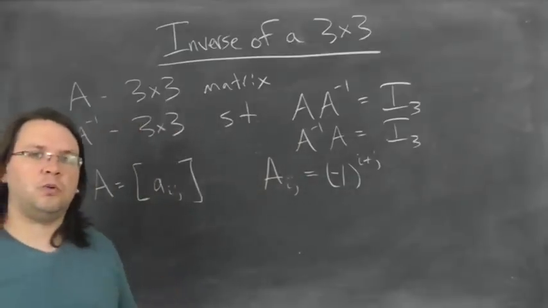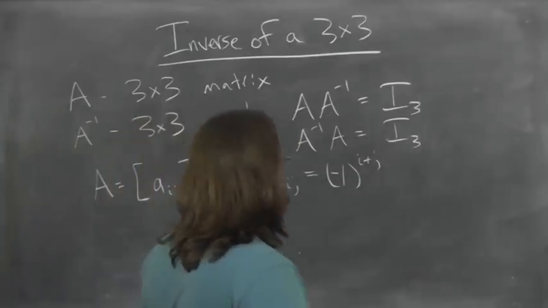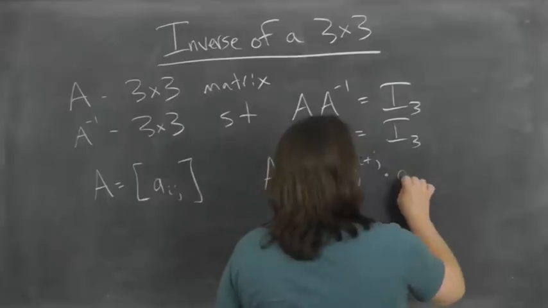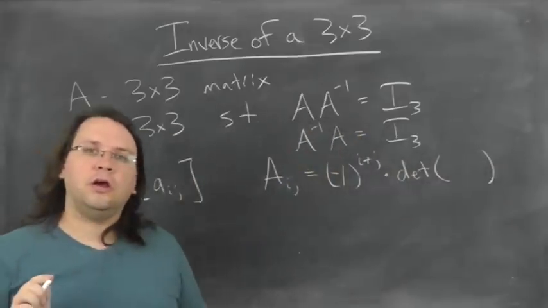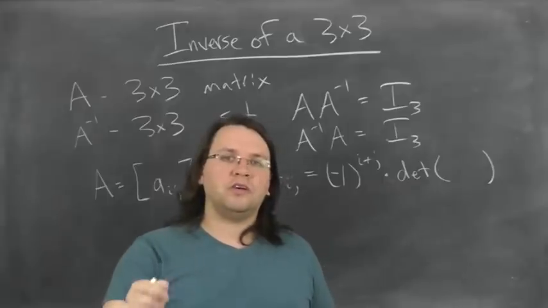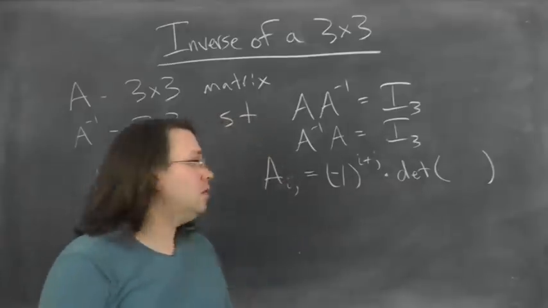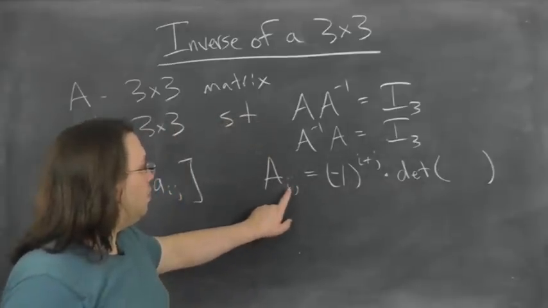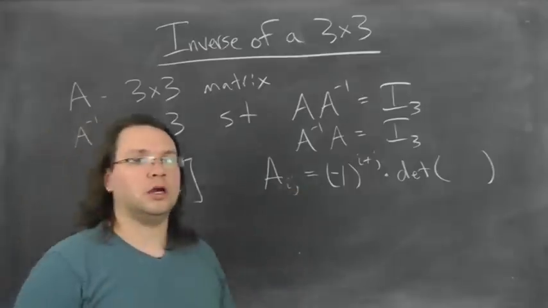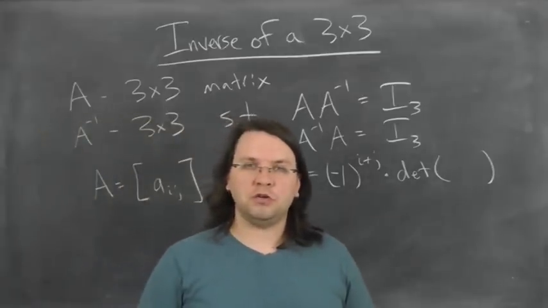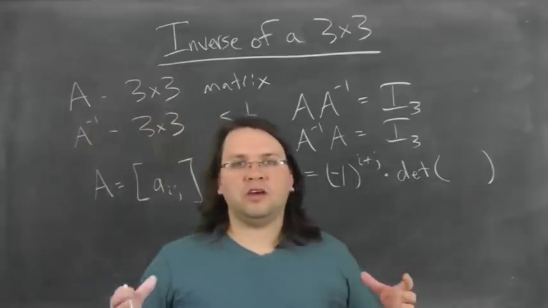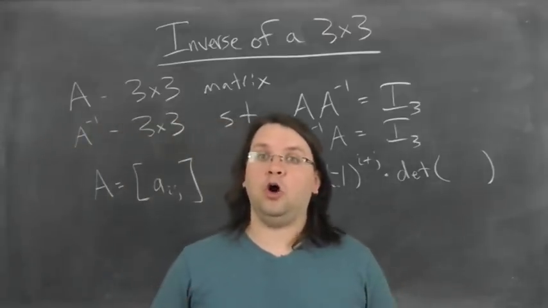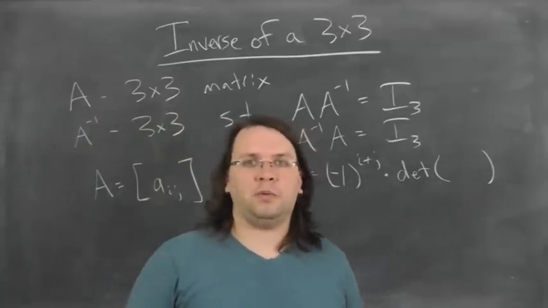That's that checkerboard of pluses and minuses times a determinant. And the determinant that you put here is the determinant of the smaller matrix where you have removed row i and column j. So what we're going to do is take these cofactors and assemble them into their own matrix, and then see what happens when we do that.